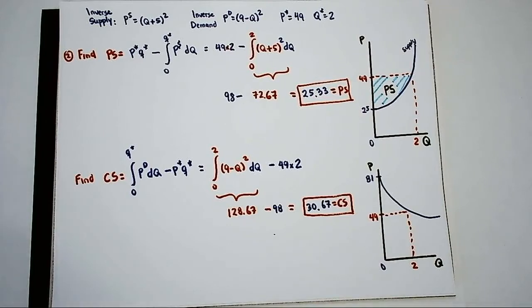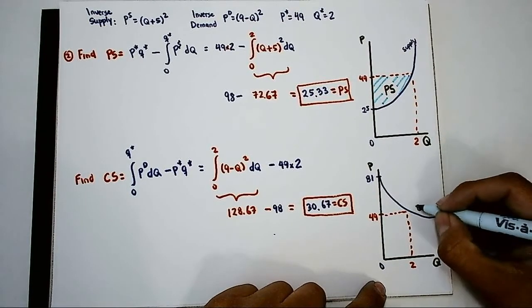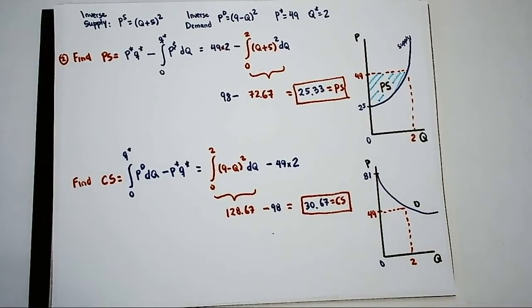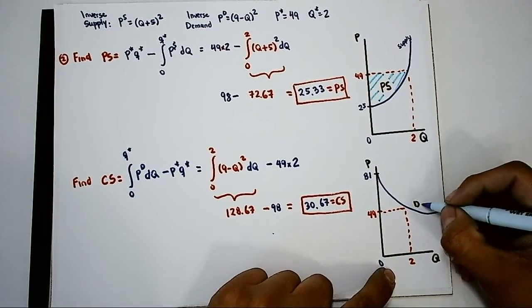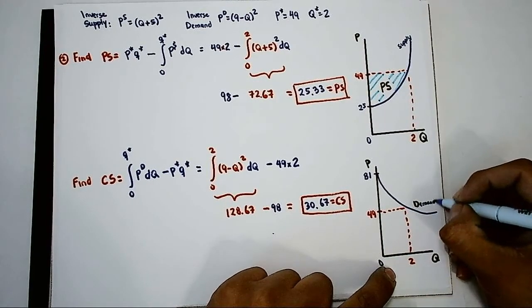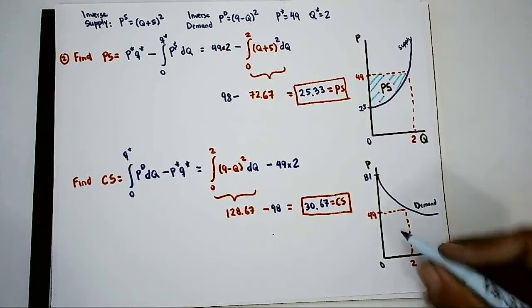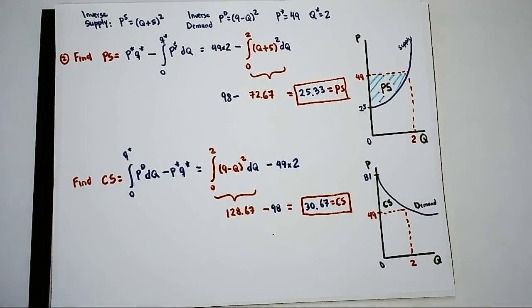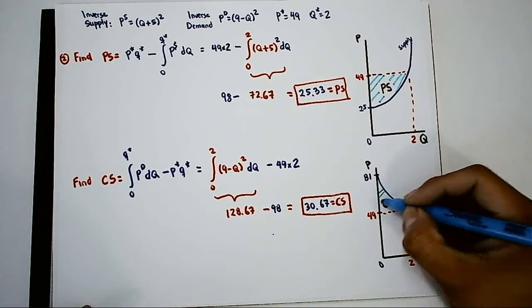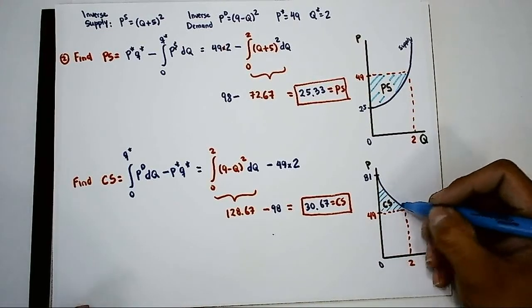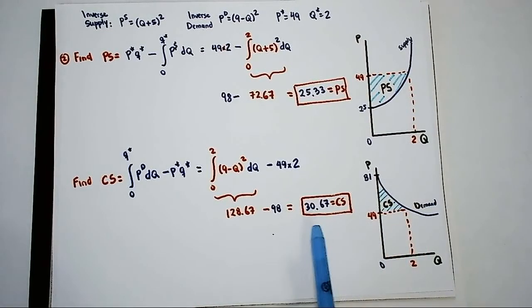The area below the demand but above the price is the consumer surplus, which in this case is 30.67.